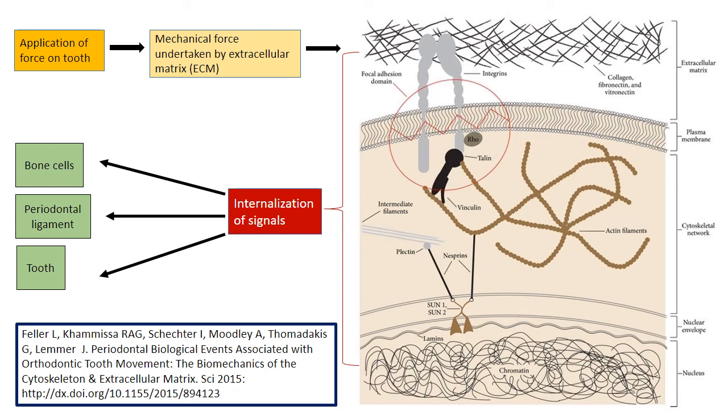So this extracellular matrix is then in touch with the plasma membrane of the cell. Inside you have the cytoplasm, which has a cytoskeletal network. Beneath that you have a nuclear envelope, and in the nucleus you have the genetic structure. So you see, this is at the microscopic level that I'm seeing.